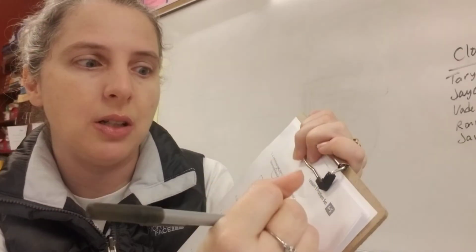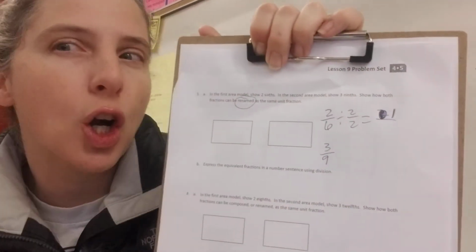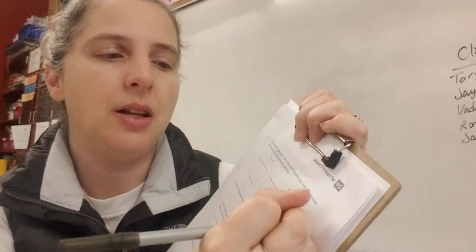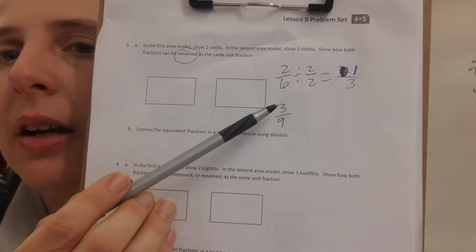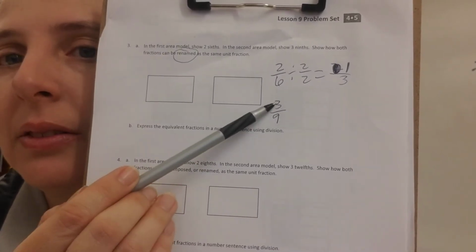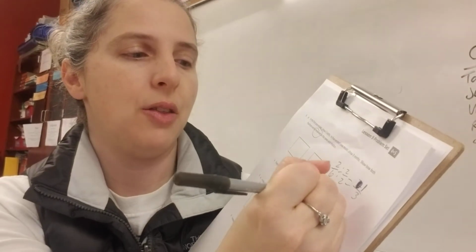I heard you. That was it. Okay? Now, I don't have to worry about these numbers. I'm only looking at 3/9. What number can go into 3 and also into 9? 3. 3 goes into 9. So I'm going to divide both by 3.